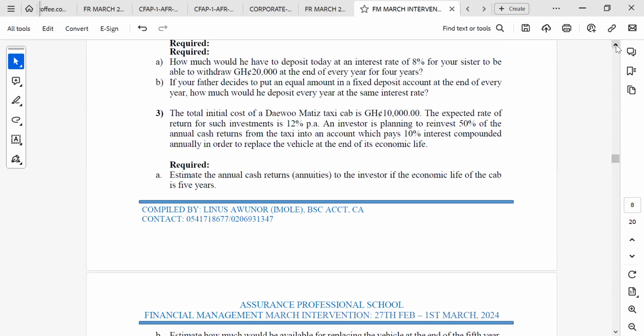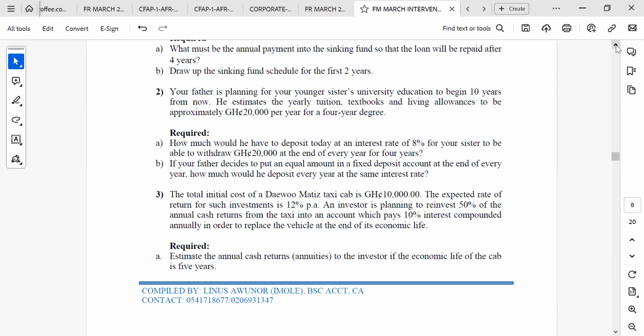Okay, question 2. Your father is planning for your younger sister's university education to begin 10 years from now. He estimates the yearly tuition, textbooks, and living allowances to be approximately 20,000 per year for a 4-year degree.